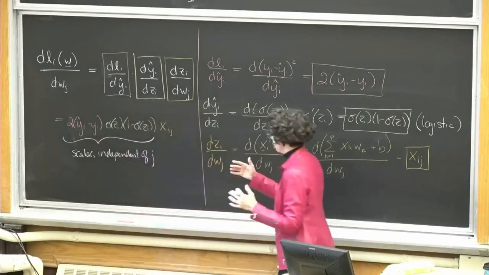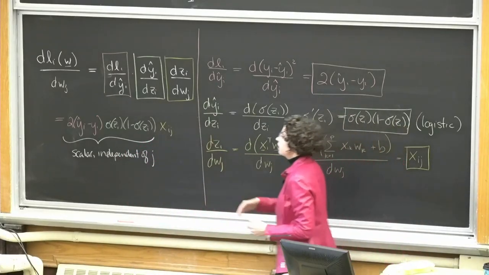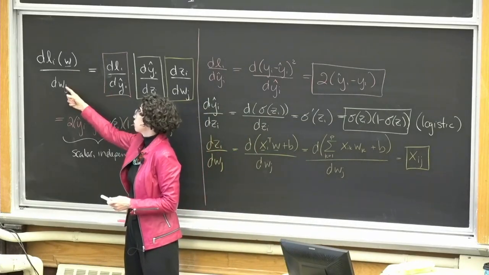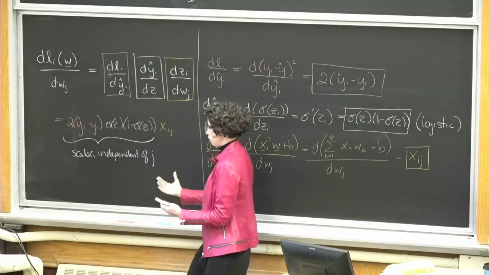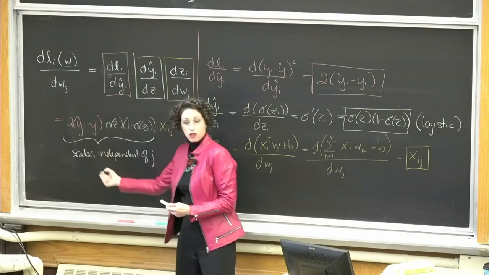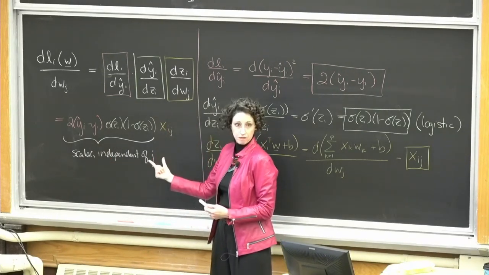Not statistically independent, there's just no j in that expression. So as I'm thinking about computing my gradient vector, the gradient or the derivatives for all the different wj's, every single element in that gradient vector is going to have this first part be exactly the same. The only thing that changes as I change j is the xij.